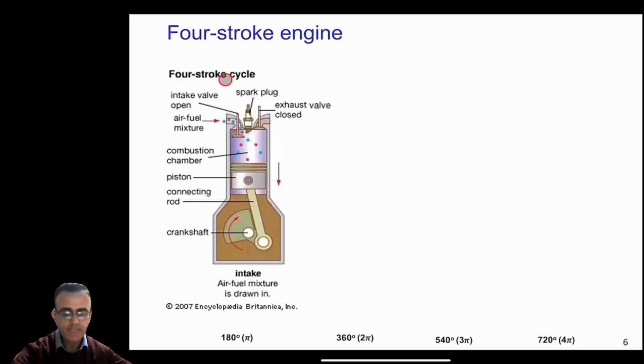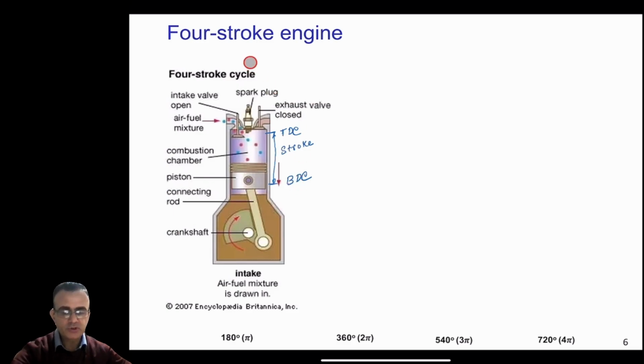Okay, so now we can briefly explain how the slider crank mechanism is used in a 4-stroke engine. Now, what is a 4-stroke engine? A stroke is the motion of the piston from the top dead center to the bottom dead center, or vice versa. So when the piston moves from the top dead center to the bottom dead center, this motion from here to here is what we call the stroke.